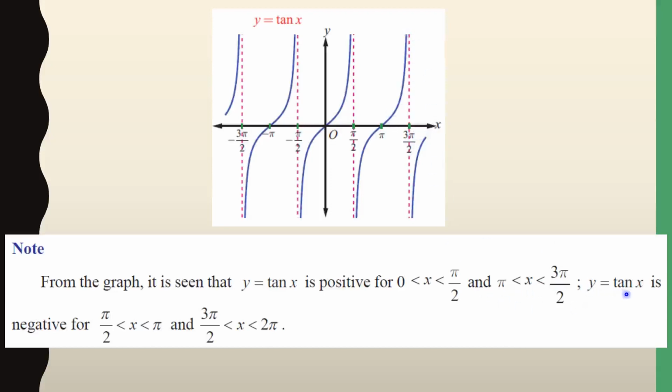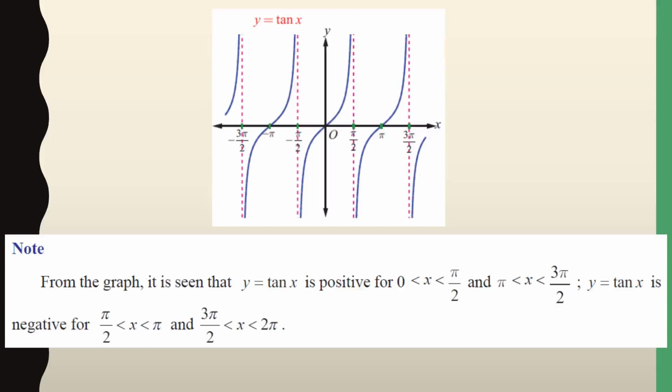And y equal to tan x is negative for pi by 2 less than x less than pi. That means when x is from pi by 2 to pi, it is on the negative side of the y axis. And for 3 pi by 2 to 2 pi, the curve is also on the negative side of the y axis.